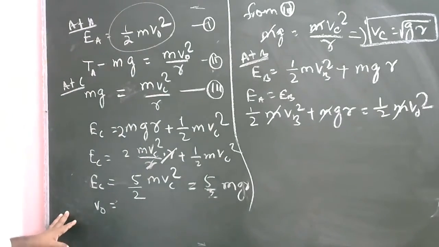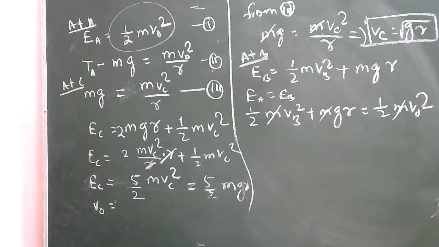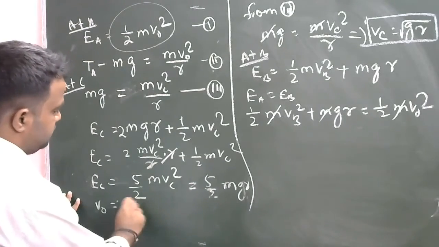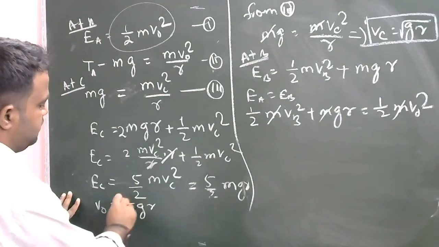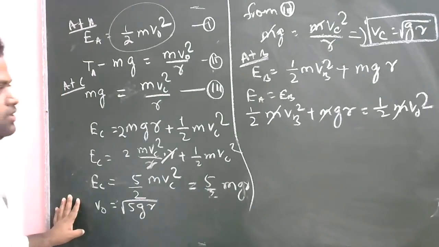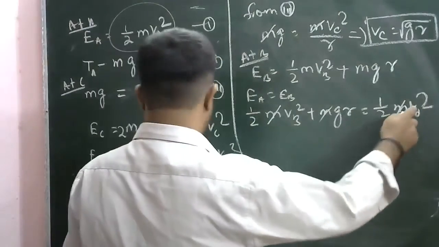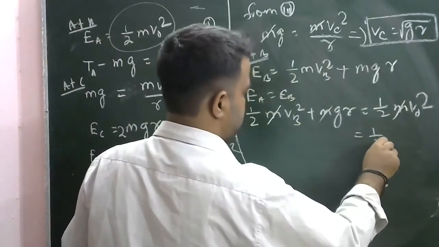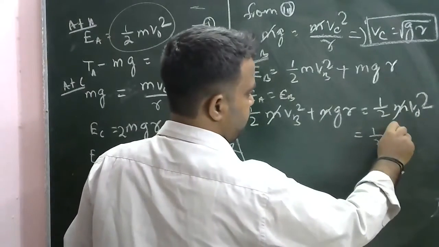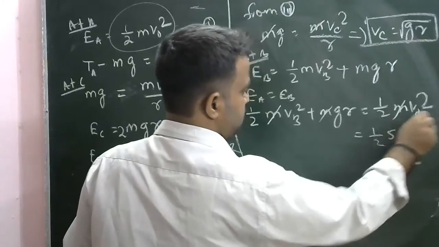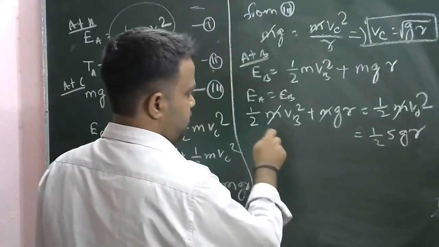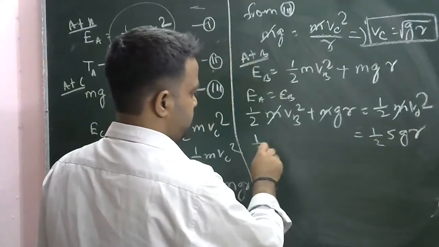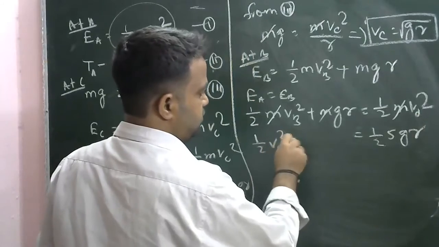V0 we have calculated as root 5GR. So if I put it here in place of V0 square, this is half 5GR, equal to half VB square plus GR.